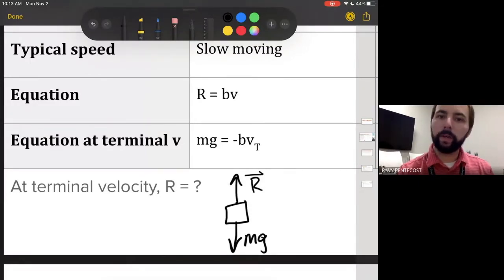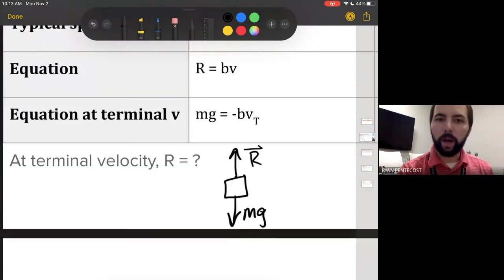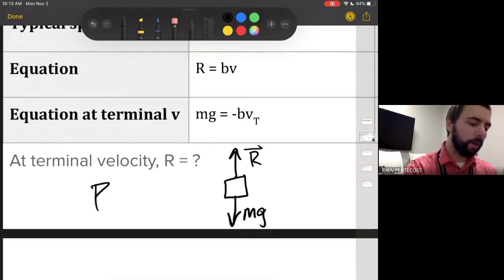An object is going to stay in motion unless acted upon by an unbalanced force. Well, in this scenario, we're just staying in motion. We're not accelerating. So you can then infer that we must not have unbalanced forces, meaning that the magnitude of R and mg must equal each other.